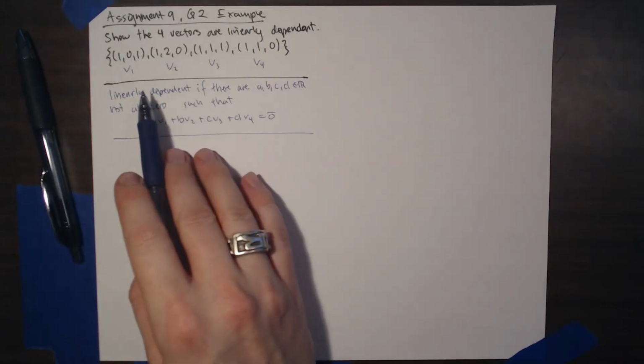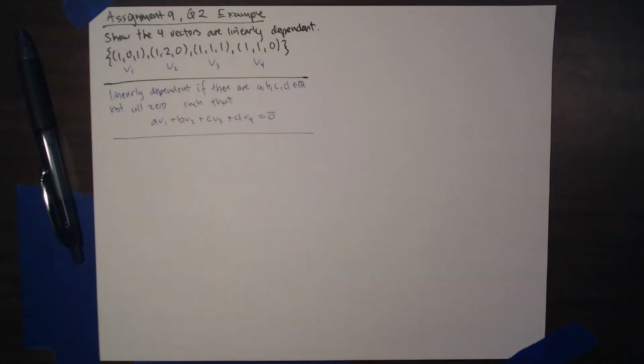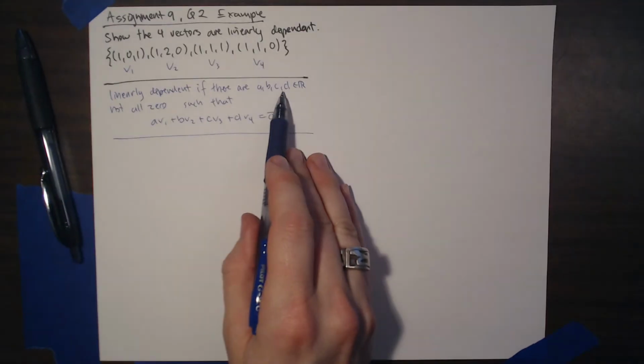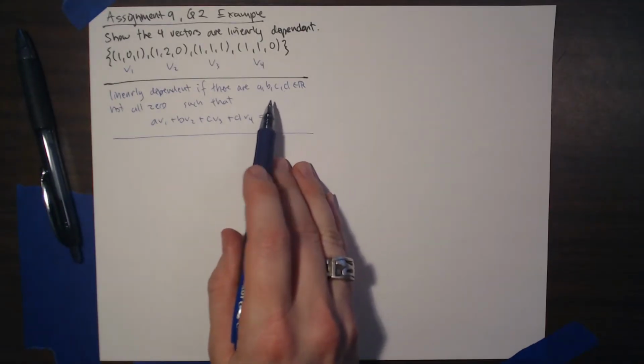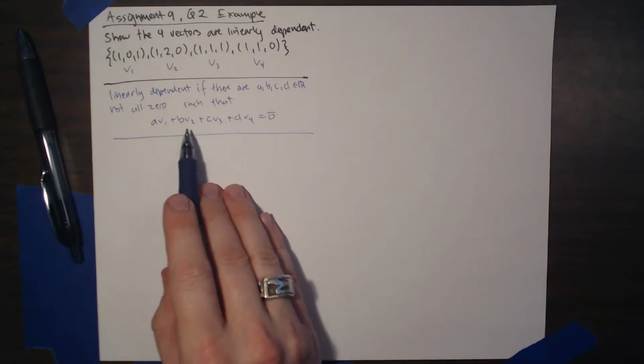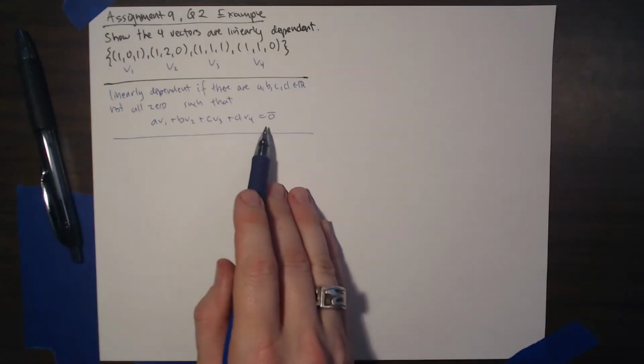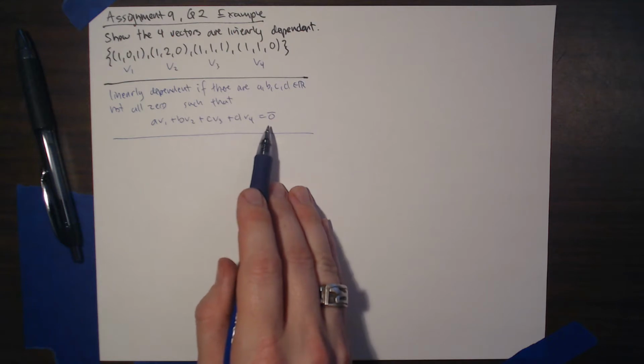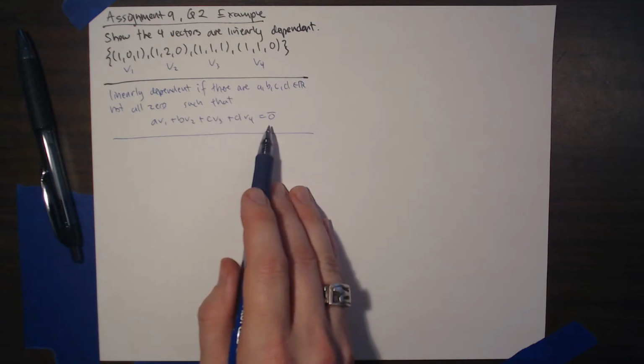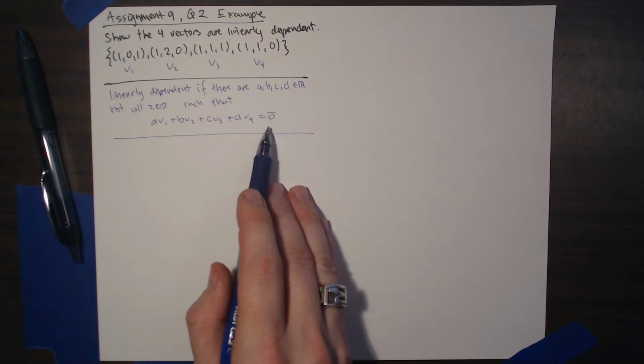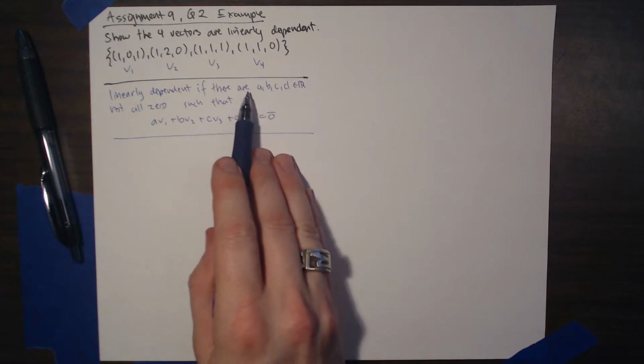Now these four vectors are linearly dependent if there are a, b, c, and d real numbers, which are not all 0, such that this linear combination is equal to the 0 vector. Now this is a slight extension of what we looked at in class. In class we only talked about 3 vectors, and then coefficients a, b, and c.